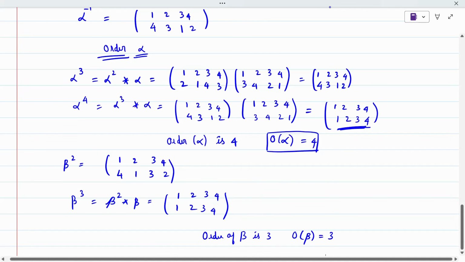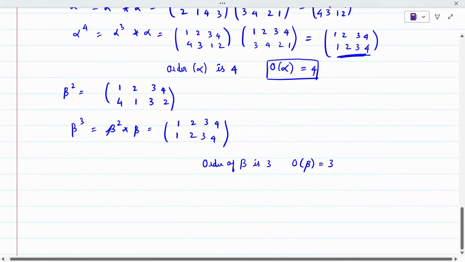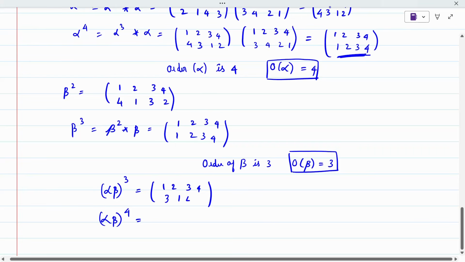Same way, alpha beta order. Alpha beta, both you multiply, with respect to 3 and alpha beta power 4. When I multiply it, already alpha beta the whole square we have done. That answer I am taking one more time.